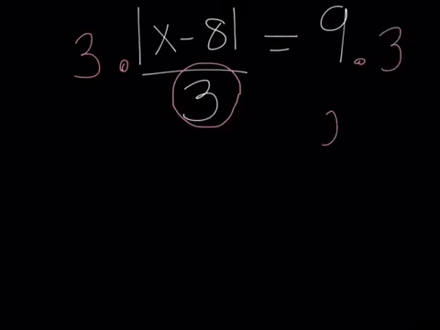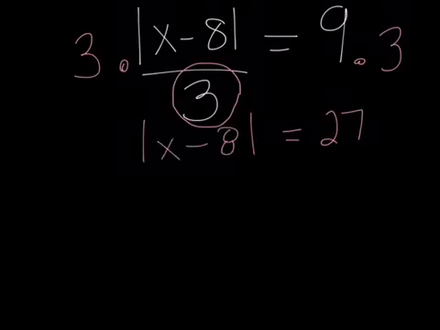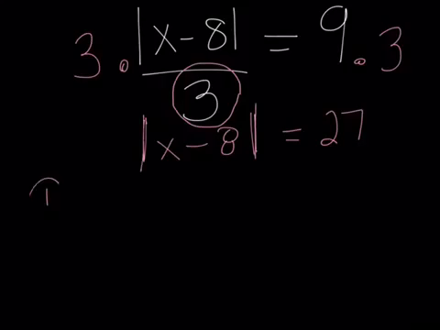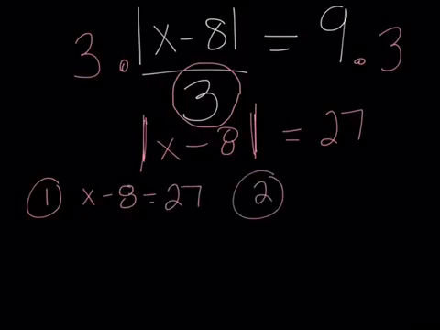So now I have absolute value of x minus 8 equals 27. Now we have this absolute value, so that means we're going to have 2 answers. So our first choice is going to be x minus 8 equals 27, and our second option is going to be x minus 8 equals -27. Remember, you're always going to have 2 answers.